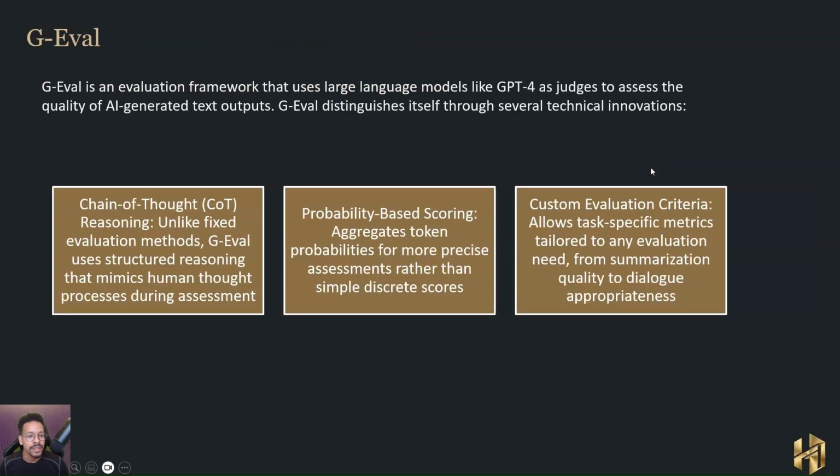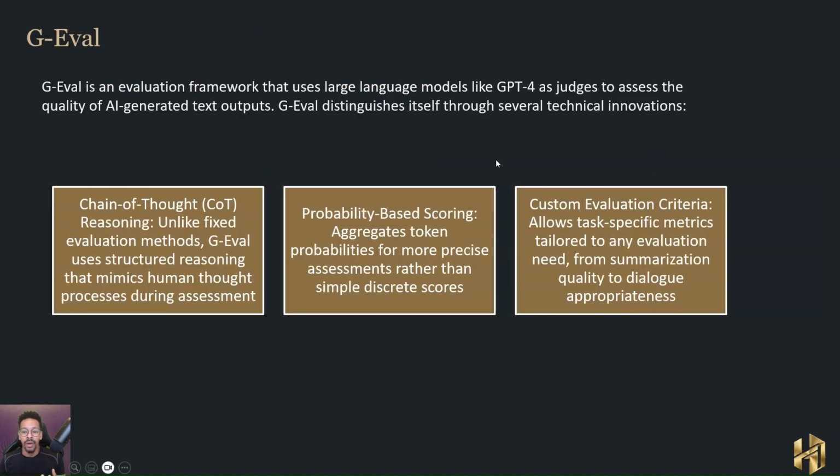And let's see how the G-Eval works. Chain of thought uses structured reasoning, and it mimics the human thought processes during the assessment. Again, this metric is probability based, so it is not deterministic. If you want that, DeepEval has a metric called the DAG metric, which gives you more control over the output.